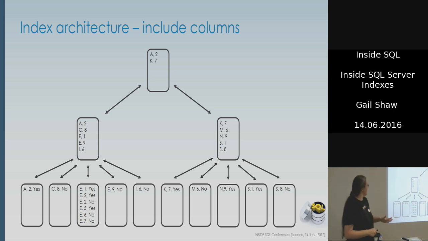There's a few subtleties, but for the most part they behave the same way because they are structured almost identically. Right. So that's index architecture. Before we carry on, this is kind of important. Everybody happy with the index architecture, how the indexes are laid out?